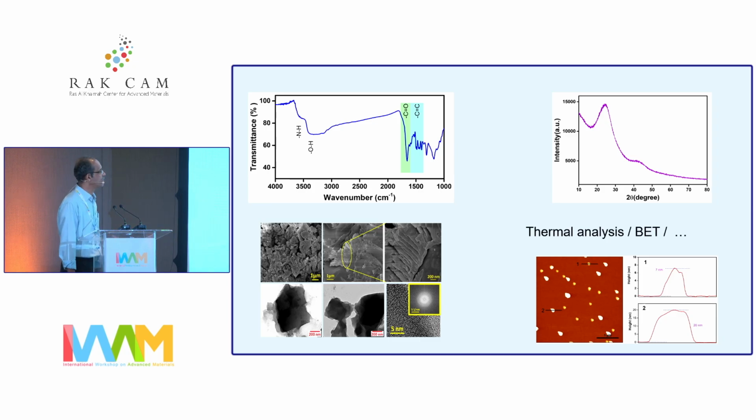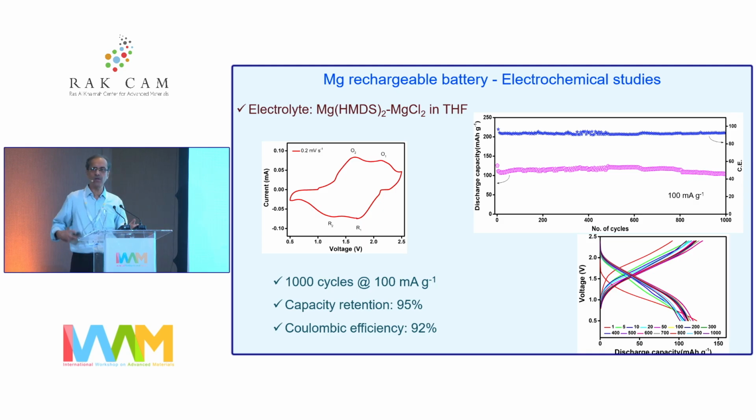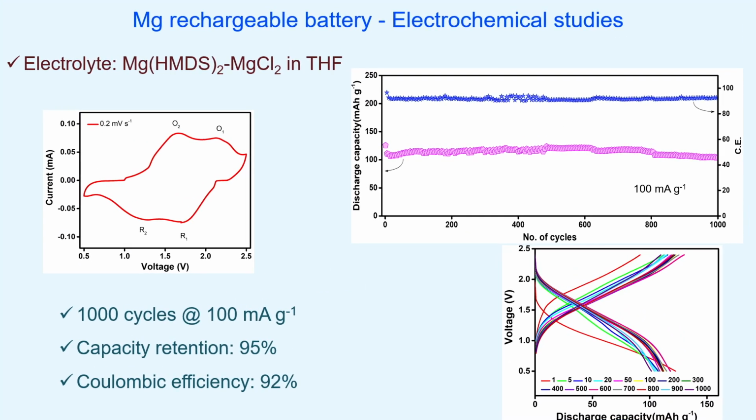We try looking at this as an electrode material, and these electrode materials are used for many different ion storage. What I'm just showing you is a magnesium rechargeable battery. As I already mentioned, it's not easy to have magnesium and aluminum in the rechargeable mode simply because of the oxide formation and the reversibility being low.